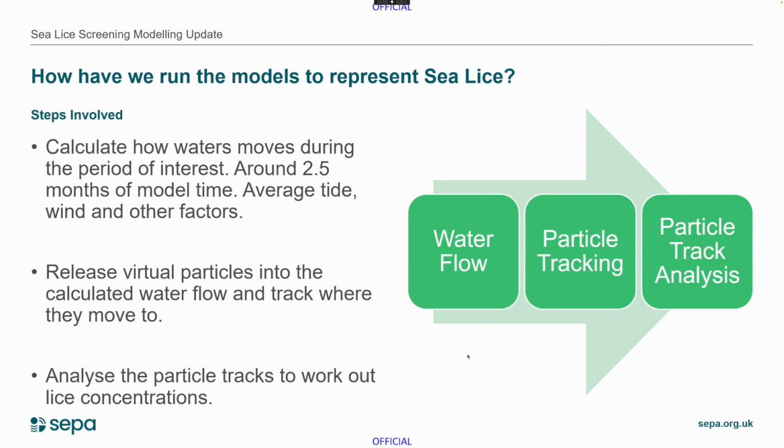We take those calculations and then release virtual particles into the water flow fields and track where they move. Each site is modelled individually, so we put in a number of particles over time, and these particles are trying to represent the pathways and the destinations of the sea lice that are released from the farm.